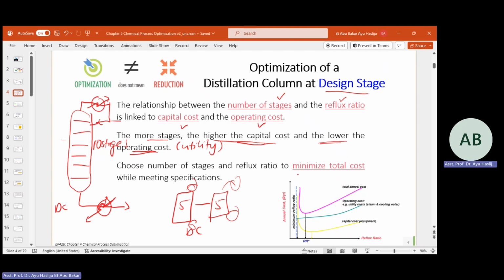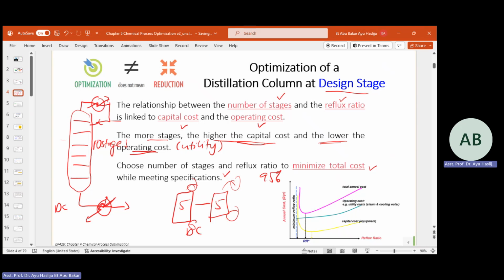So that's why you need to determine which solution meets your requirement. From here, you can minimize the total cost while meeting the spec. You aim to achieve 95% purity.